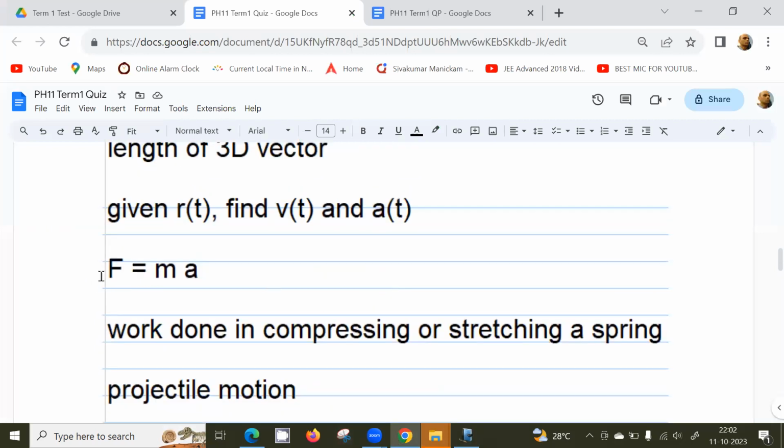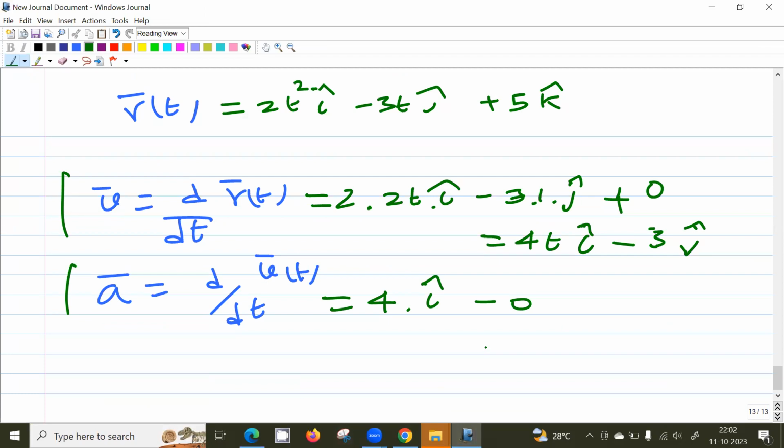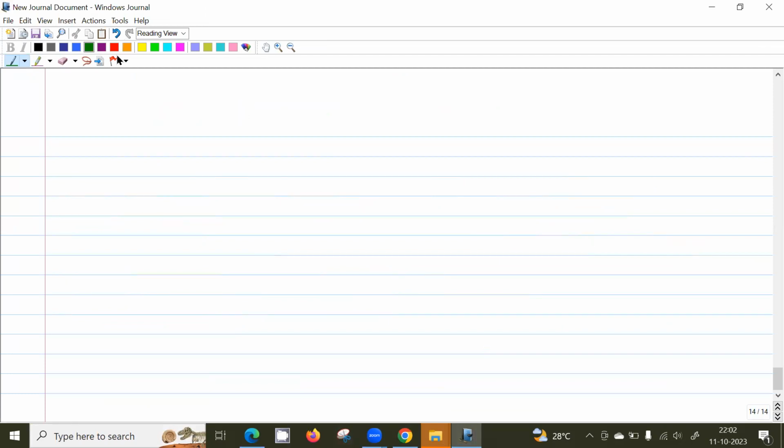This is Newton's second law of motion: force is mass into acceleration. Force is a vector, acceleration is also a vector, and mass is a scalar. Given the three quantities, force, mass, and acceleration, if two are given, suppose mass and acceleration are given, I can find force.